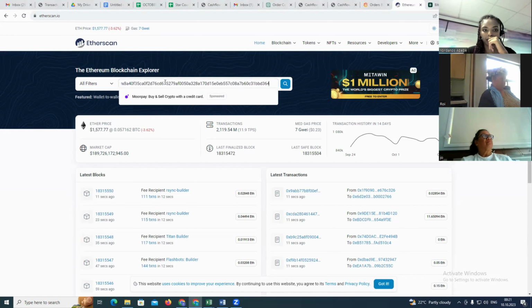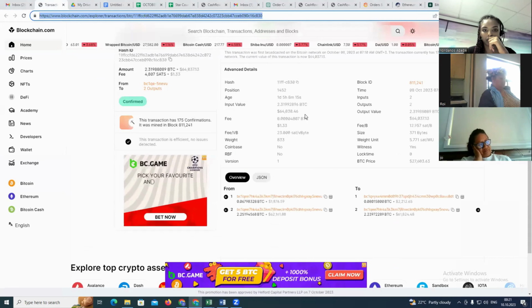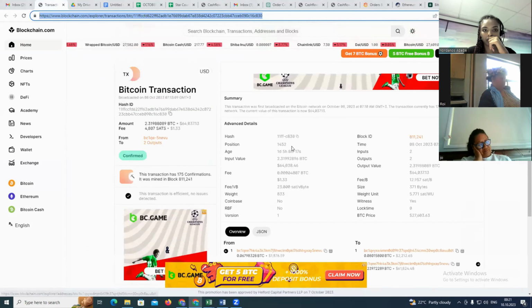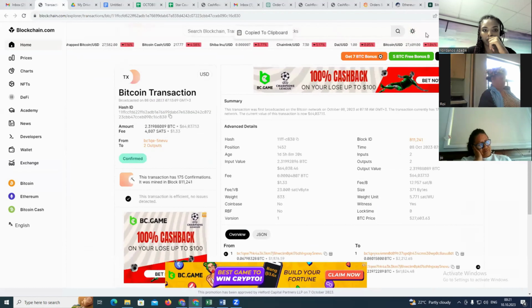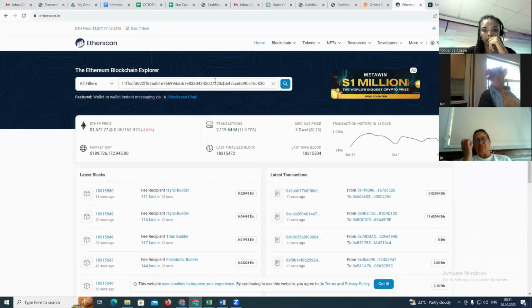For example, I just paste this transaction ID. You can see it starts with 0x. If I copy another transaction, which is for Bitcoin, and I try to paste it, you see it doesn't start with 0x.